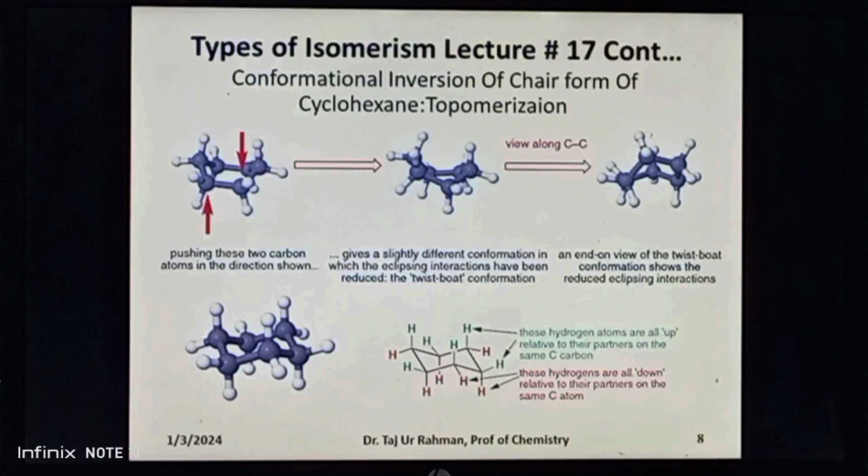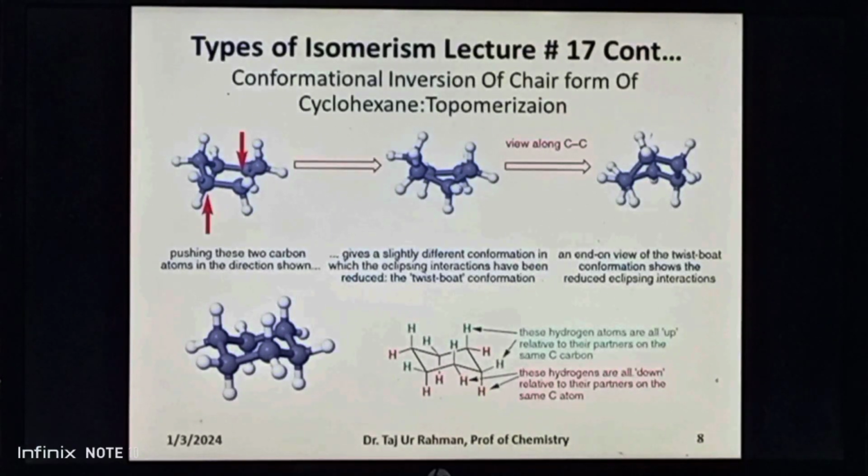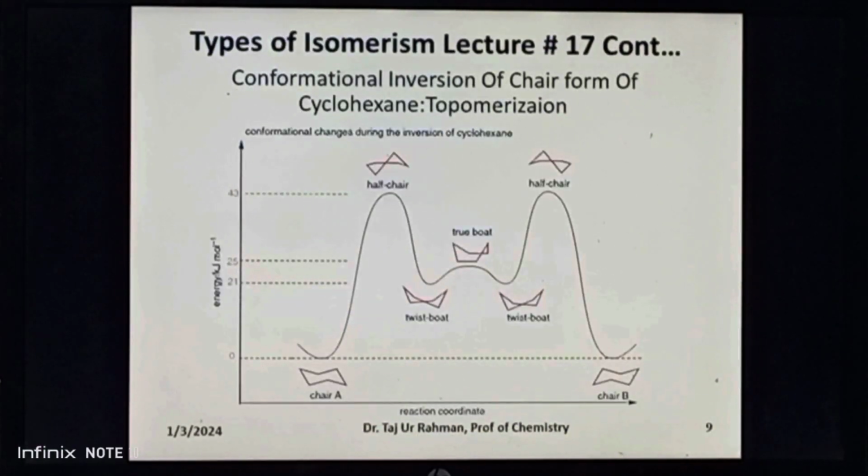In this slide, the ball and stick model of cyclohexane has been shown, and these are the various axial and equatorial hydrogen atoms. This slide shows the graph between the energy in kilojoules per mole versus the reaction coordinate for the various conformations of cyclohexane.